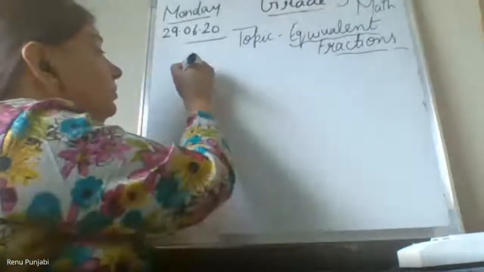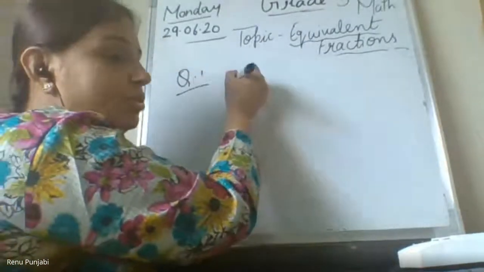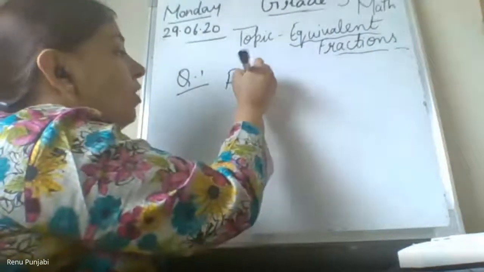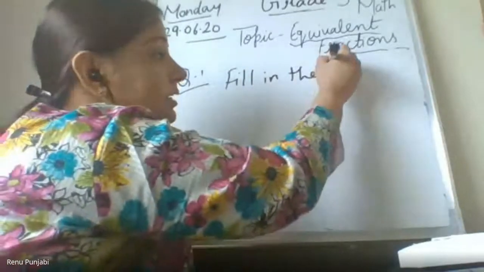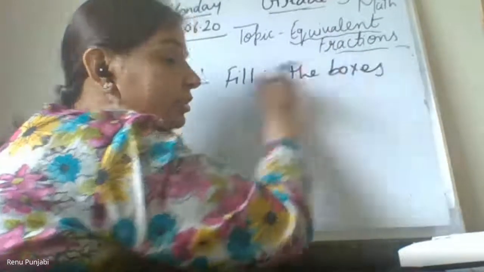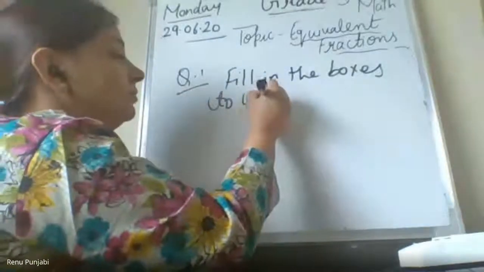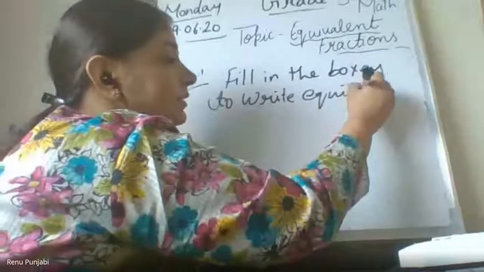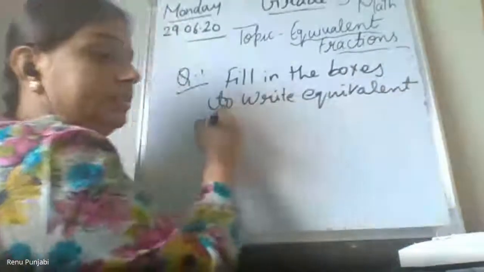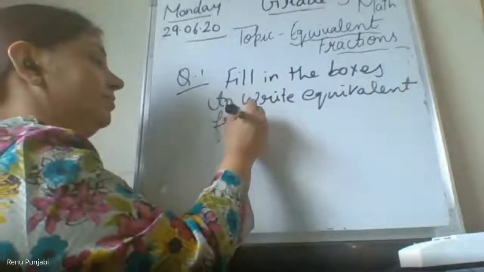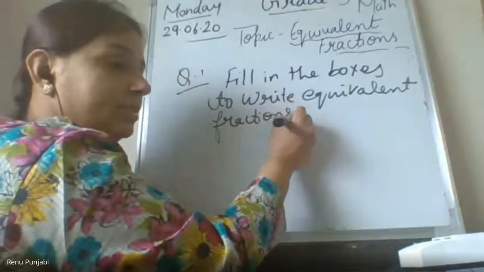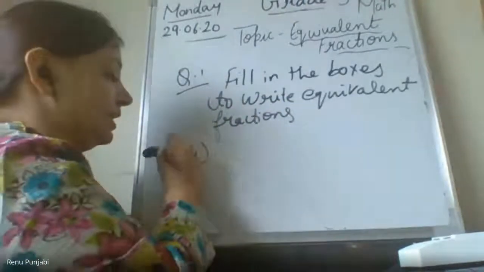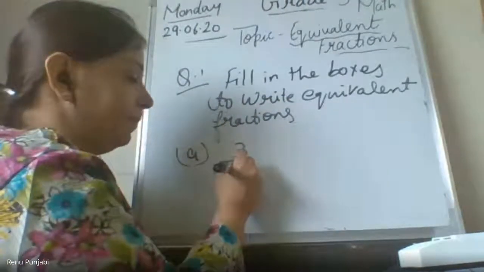Now, one question: fill in the boxes to write equivalent fractions. For example, one sum is 3 upon 10.